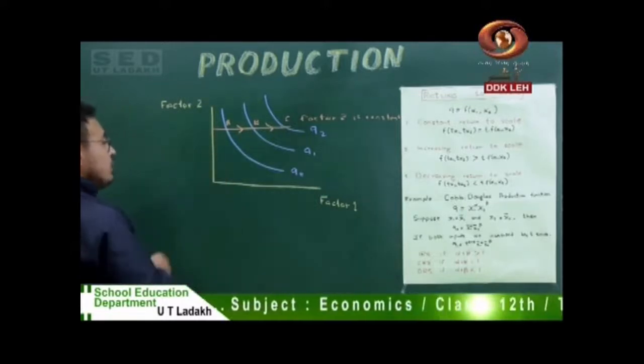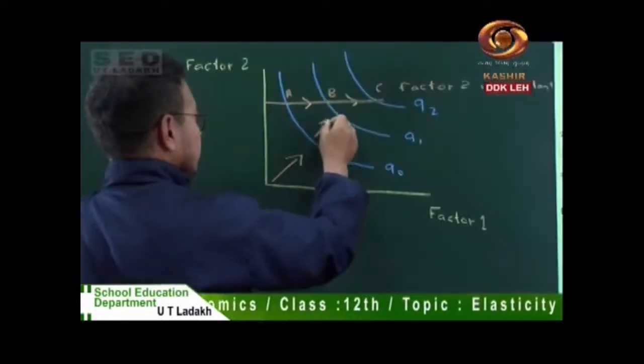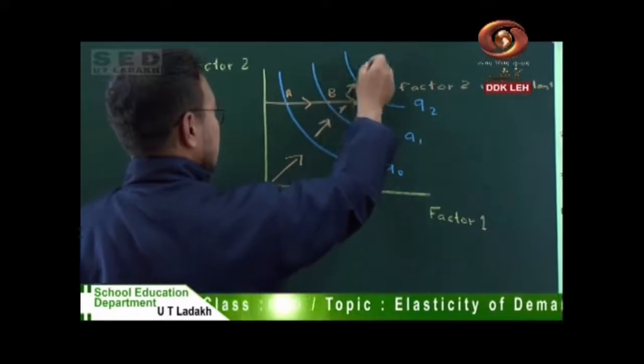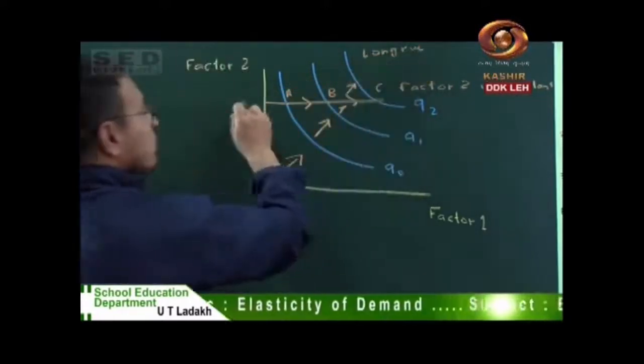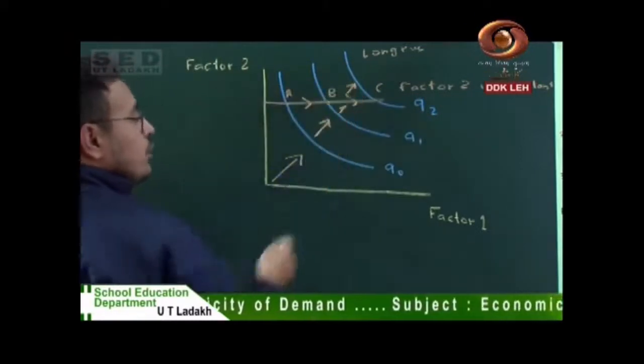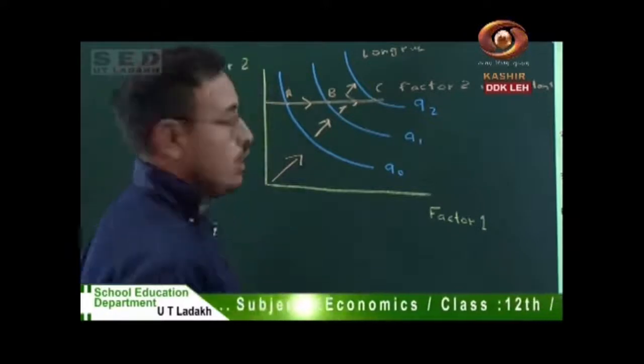But over the long run, you can follow this path also. Since you don't have any ceiling, you can increase your production by employing more of factor 2 also.